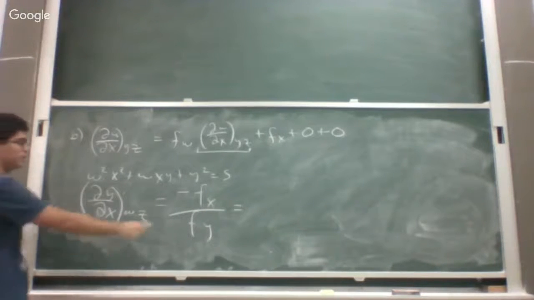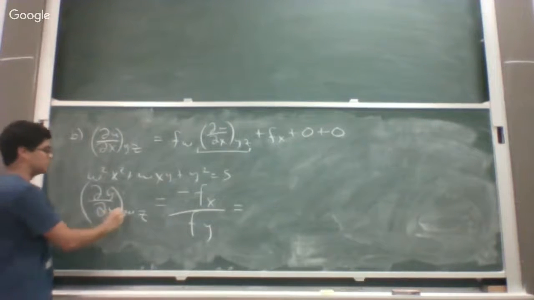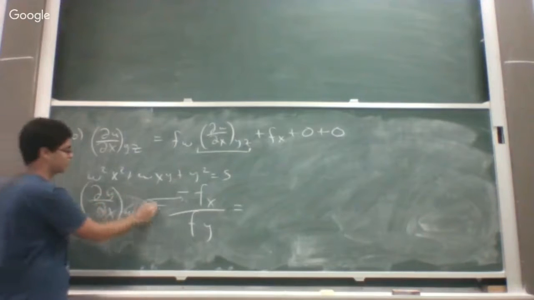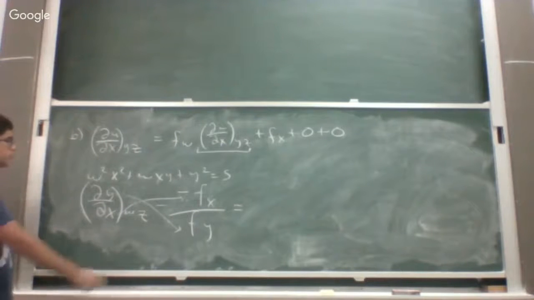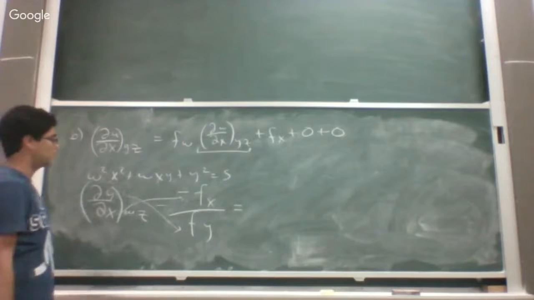Do you guys understand why it is f of x over f of y? Because essentially you take the bottom, like whatever variable is here, that's the negative f of that. We have a y up here, so it's like that. In the last one, it would have been x over w. So negative f of x, we hold everything constant except x.